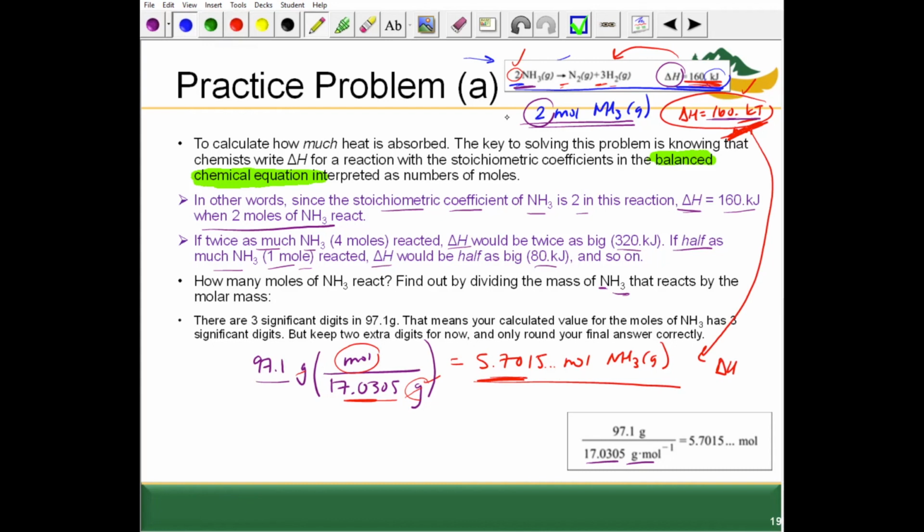In the real world, in the lab, we rarely have exactly 2 moles of ammonia we're starting with. We know how many moles we actually have, and we know this balanced reaction, which tells us how many moles of ammonia are required to produce how many moles of nitrogen. So this just helps us connect these mole-to-mole ratios. But again, we have to consider how many moles we actually have in the lab in an experiment.